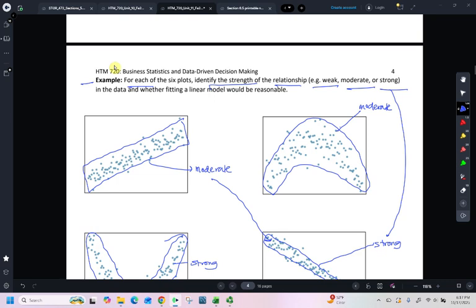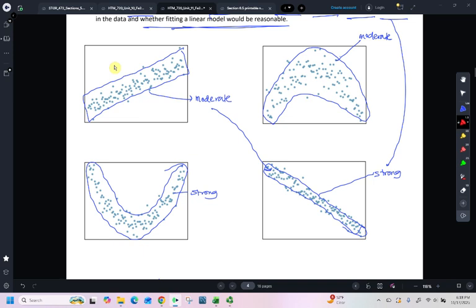So we continue the question, and we want to see whether fitting a linear model will be reasonable. What do you think? Would a line be a good fit for the first one? Well, I can see that most of the points follow a line, so this would be appropriate for a linear model. This one is non-linear. This is curved.